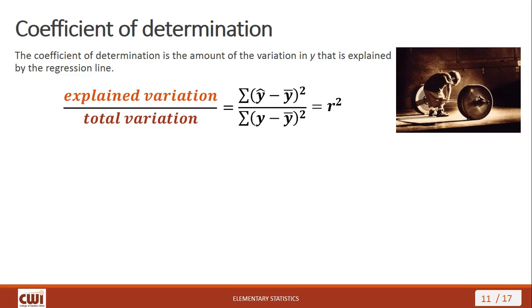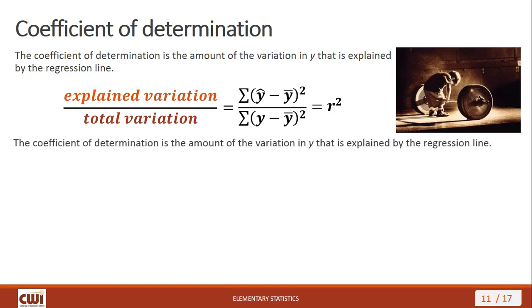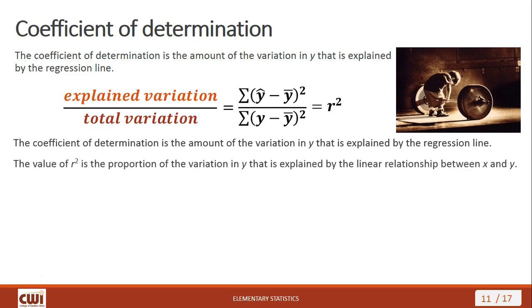So R squared is the coefficient of determination. This is the amount of the variation in y explained by the regression line. Now, the value of R squared is the proportion of the variation in y explained by the linear relationship between x and y. This is just translating that general definition of coefficient of determination and applying it specifically to the regression model for a linear model.